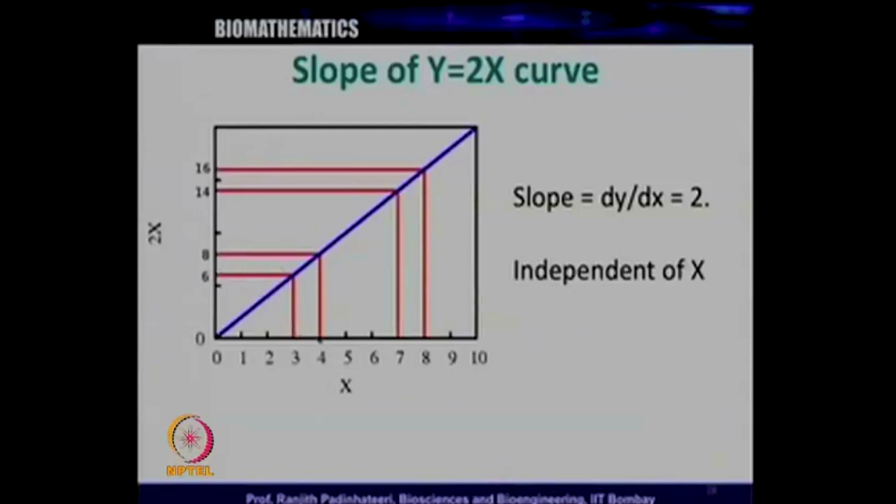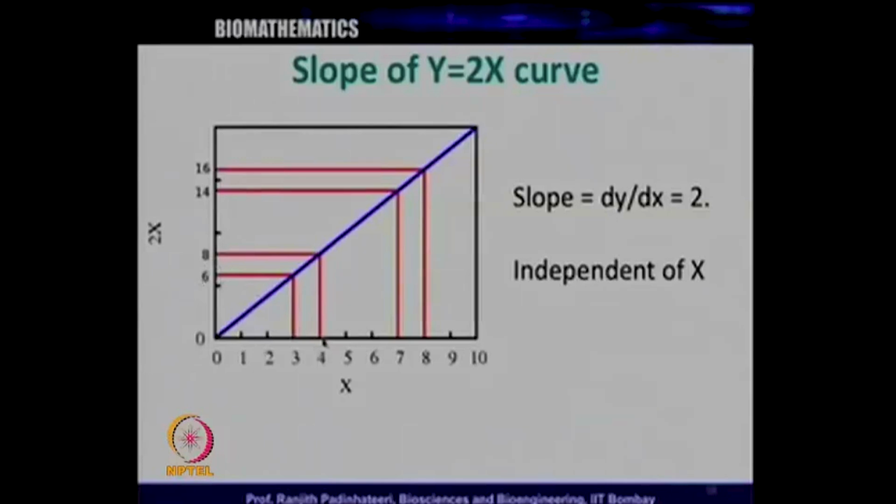Now, you calculate the dx, the change in x. If you go from 3 to 4, the change is 1. If you change this x value by 1, the corresponding y value will change by 2. The y value was 6 here, it became 8 here. So, 3 to 4, 6 to 8. So, dy is 2, dx is 1.